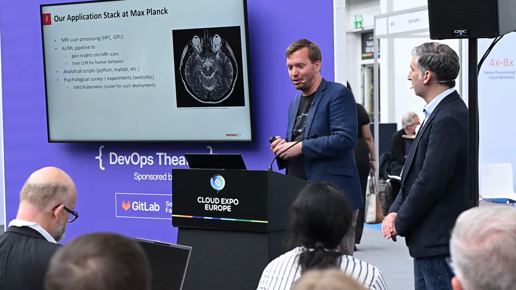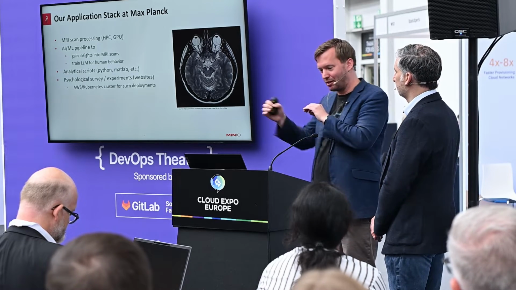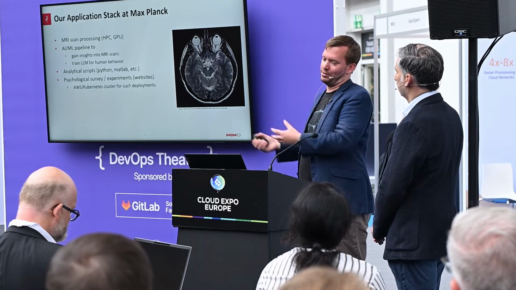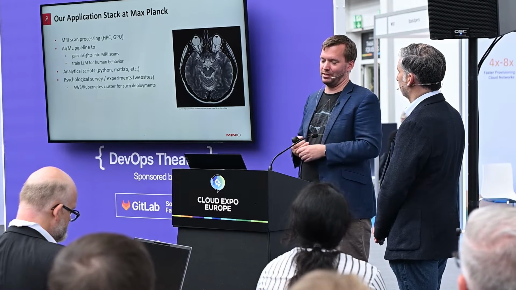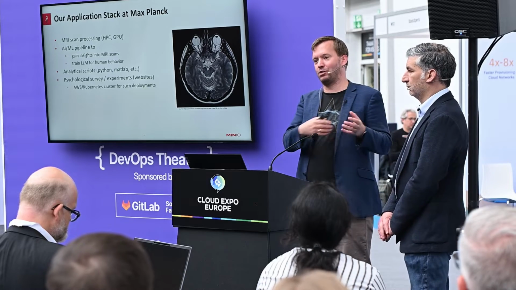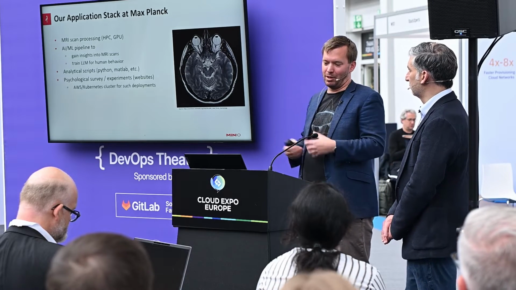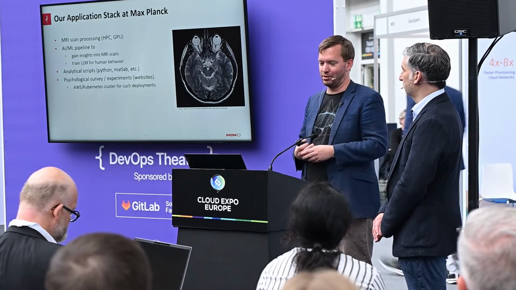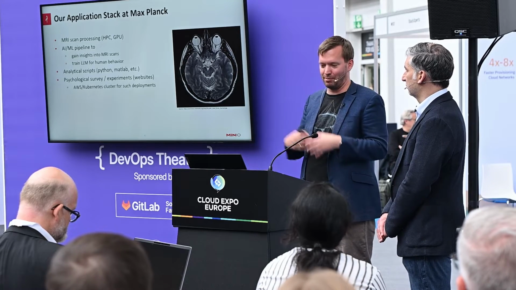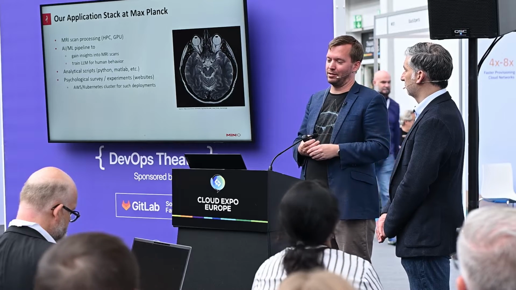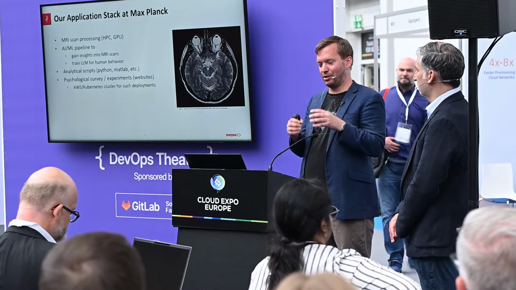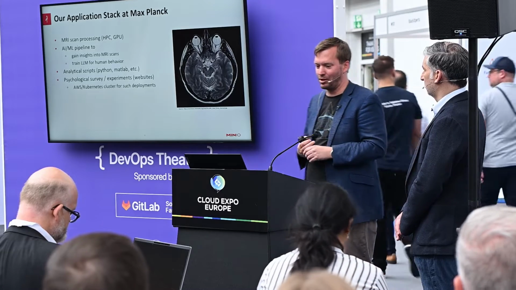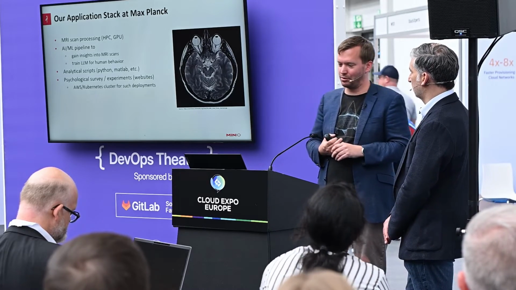Not only for the MRI scans itself, like predicting or detecting diseases, but also for the human behavior studies, where you have large language models to be trained, where maybe you work with ChatGPT and all the derivatives, and you try to replicate them or analyze them and find out what the actual biases are and how to counter them. So there's a lot of stuff going on in the AI/ML world there as well.